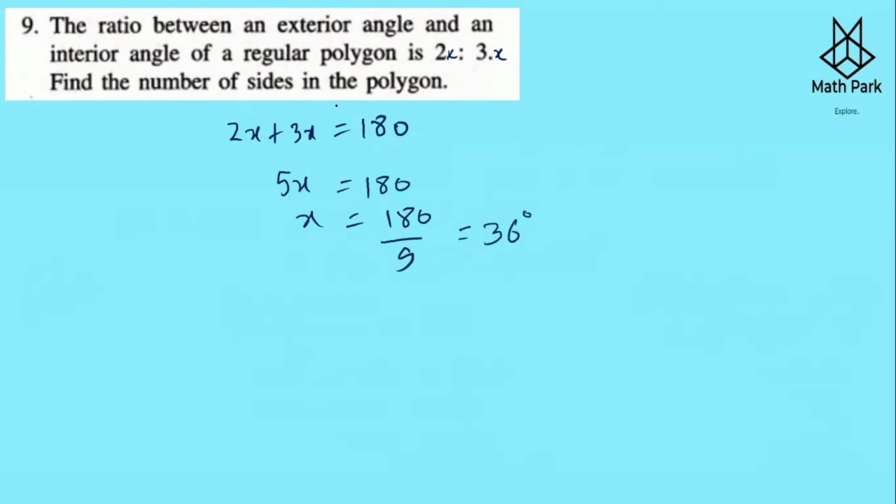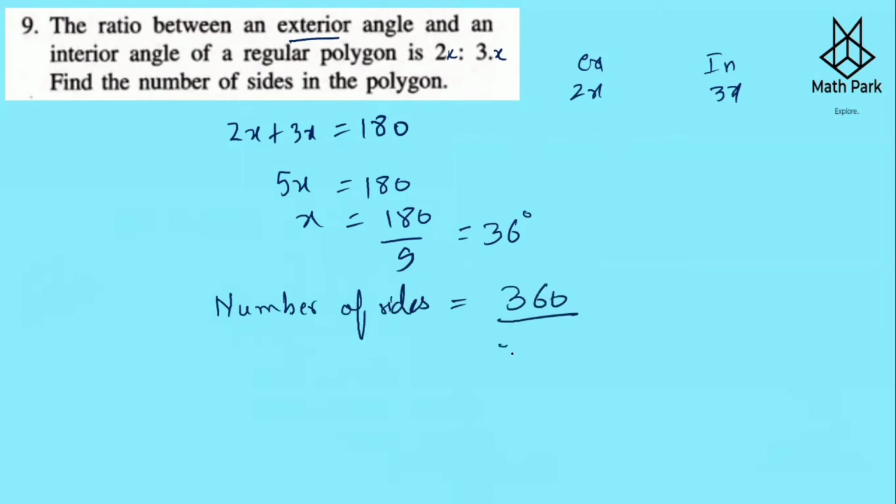Now find the number of sides of the polygon. The exterior angle is 2x and your interior angle was 3x. Now each exterior angle is 360 divided by the number of sides. So if you are asked to find the number of sides, the number of sides is equal to 360 divided by each exterior angle.